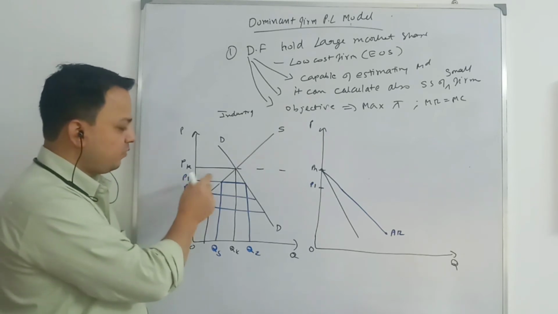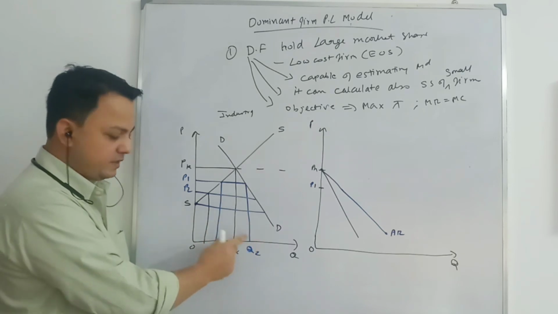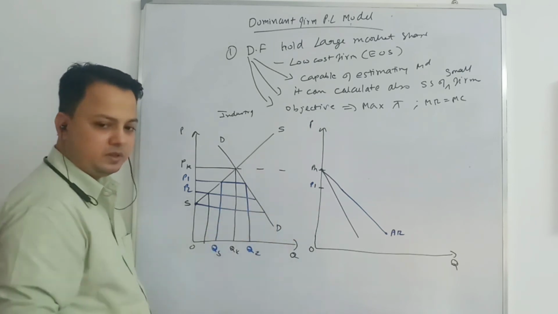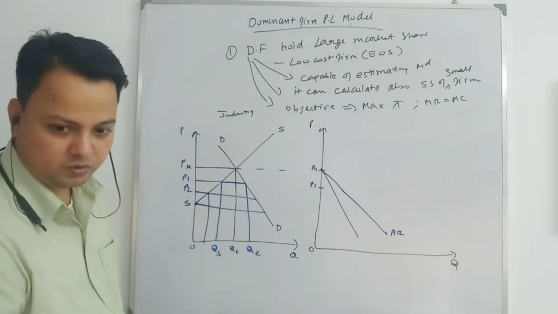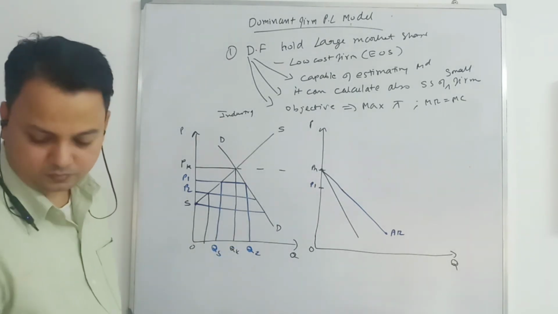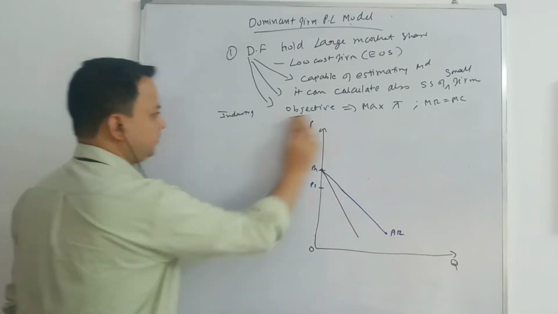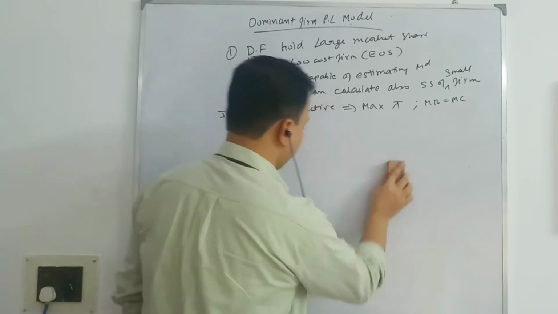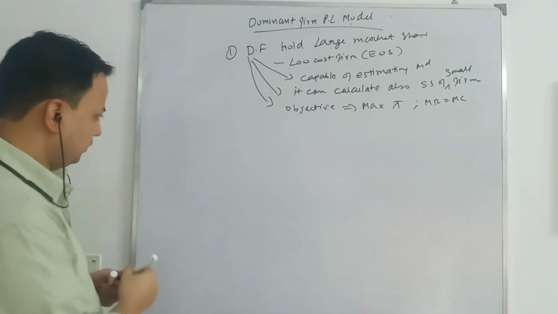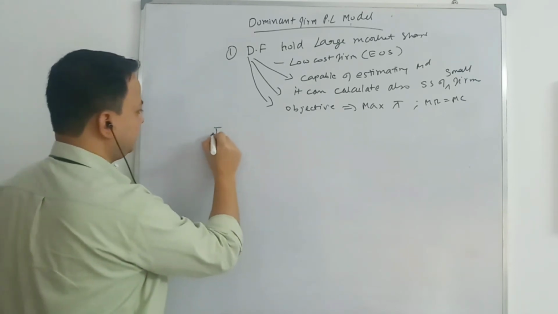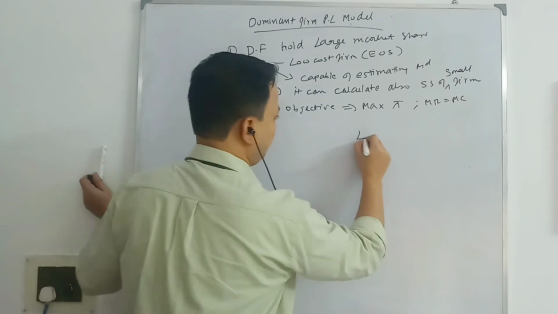And at this price, whatever will be supplied by the small firms, whatever is left will be supplied by our large firm. I am going to do that in a separate graph, so you will not get confused. So I can understand. Okay. This is industry. This is our dominant firm.